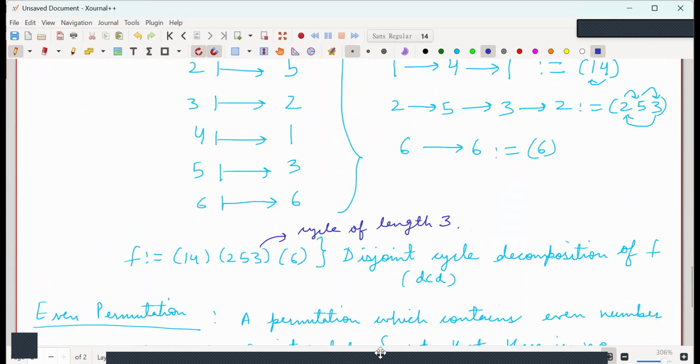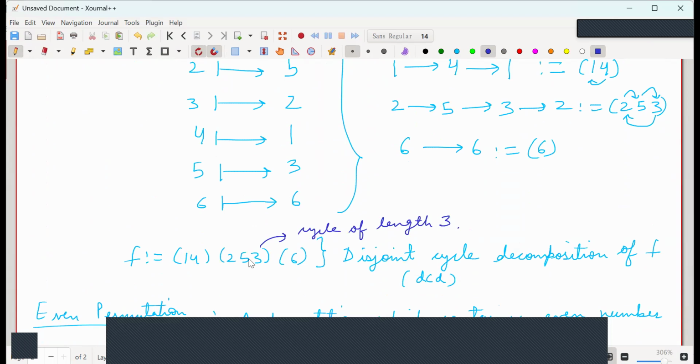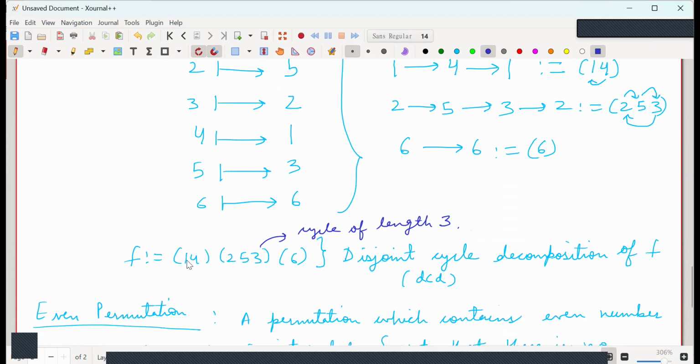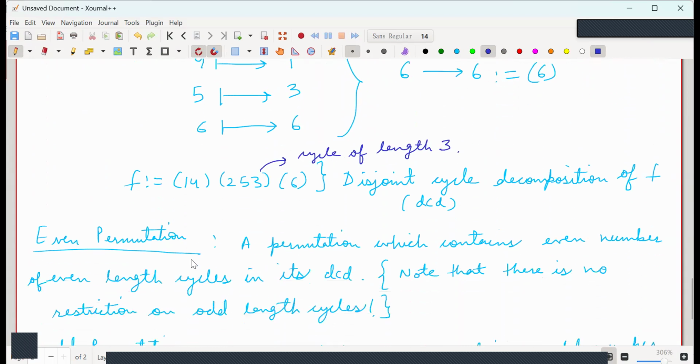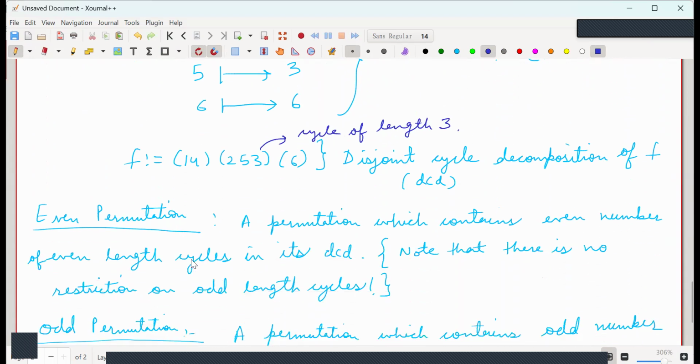Here there are two odd length cycles, but we don't care about them. We are just worried about the even length cycles. There is only one even length cycle, so it will be an odd permutation because the number of even length cycles is odd.